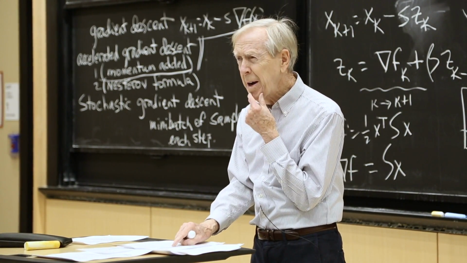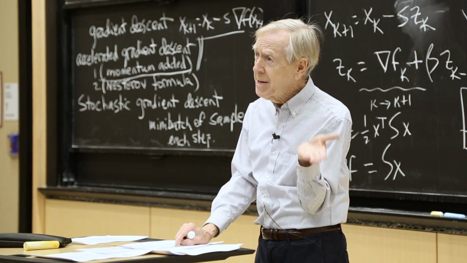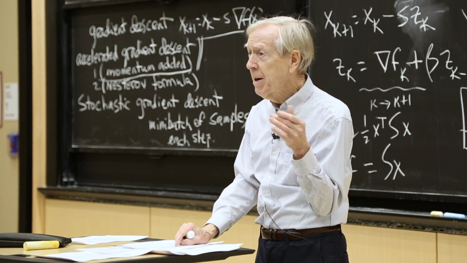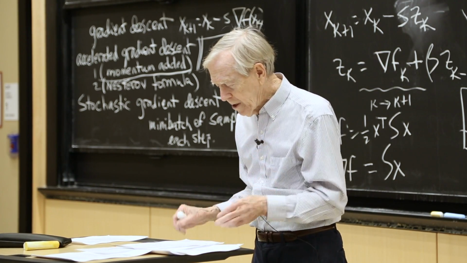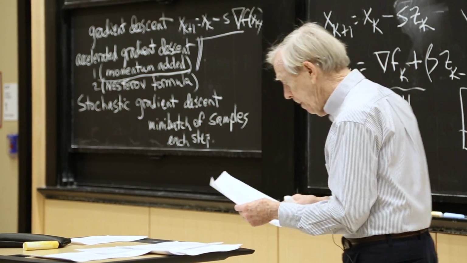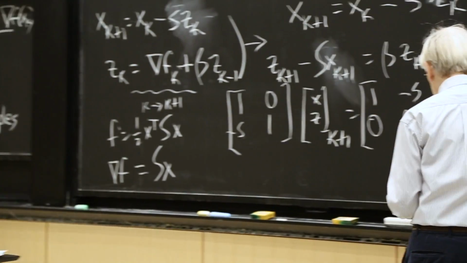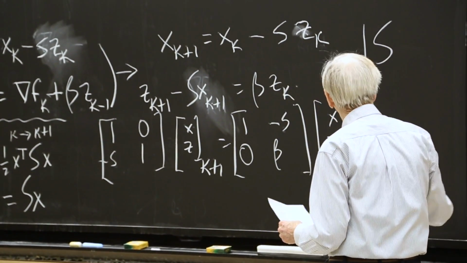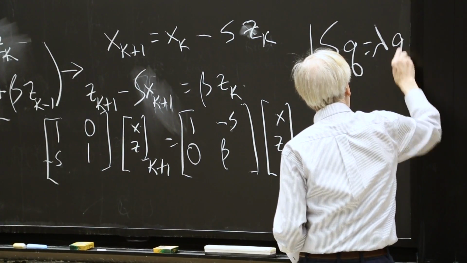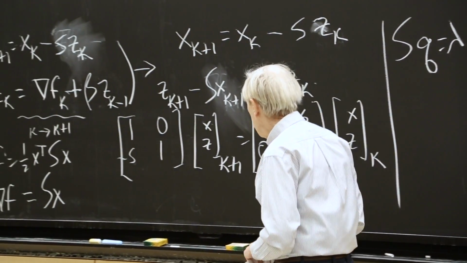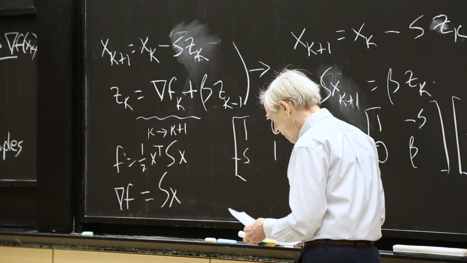To do things right, I want to remember that S is a positive definite symmetric matrix. That's why I call it S instead of A. So I really should call the eigen, it doesn't matter, but to be on the ball, let me call the eigenvector Q and the eigenvalue lambda. Okay.